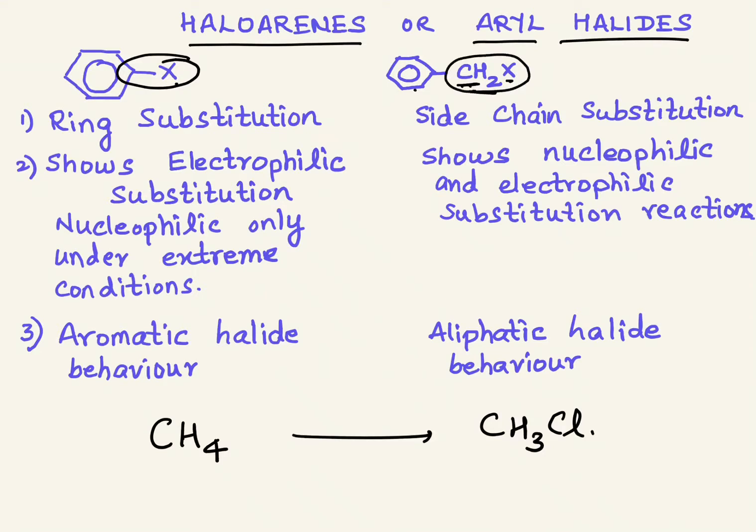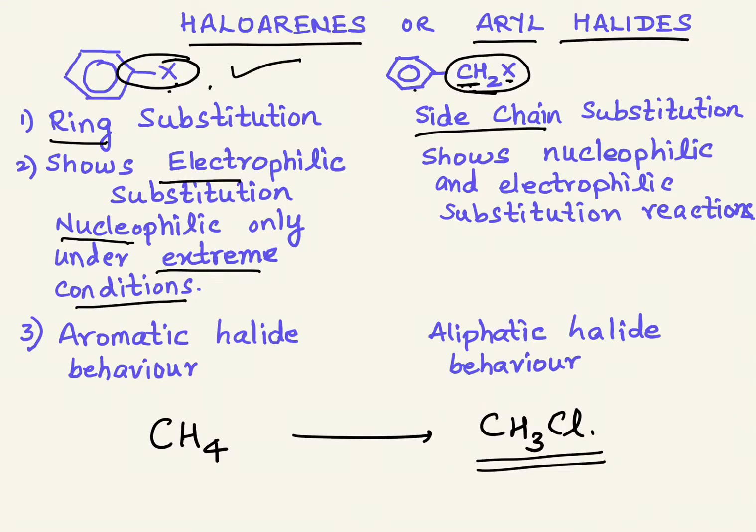Now this is something similar to what we studied under aliphatic halides, right? So you have to understand the difference between the two. It's a ring substitution, this is a side chain substitution. This particular set of compounds where substitution has taken place in the ring will show electrophilic substitution and nucleophilic substitution reactions only under extreme conditions.